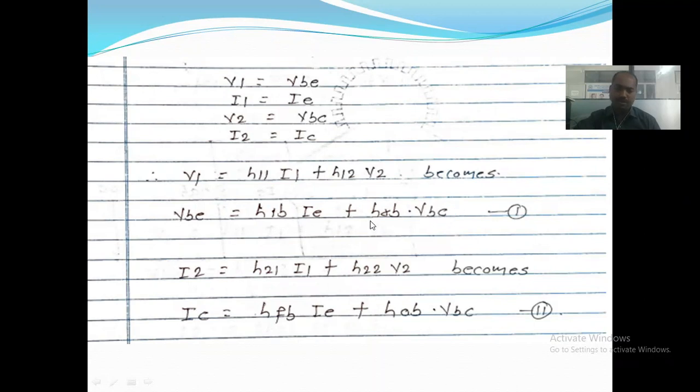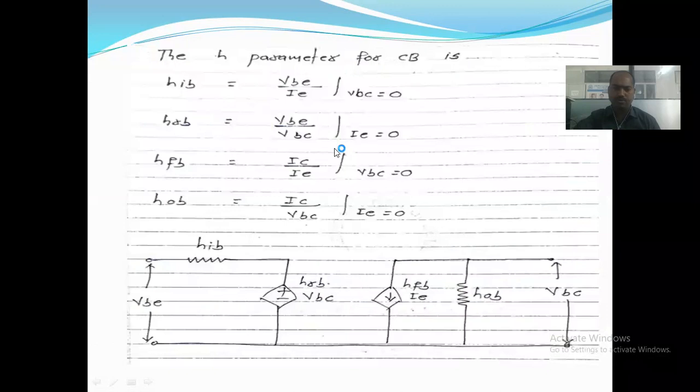So VBC zero means the whole HRB into VBC term is zero, and HIB equals VB divided by IE. This is the equation with respect to HIB. So HIB is nothing but VB divided by IE when we make VBC equal to zero.